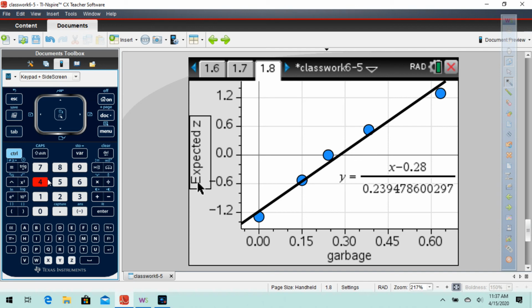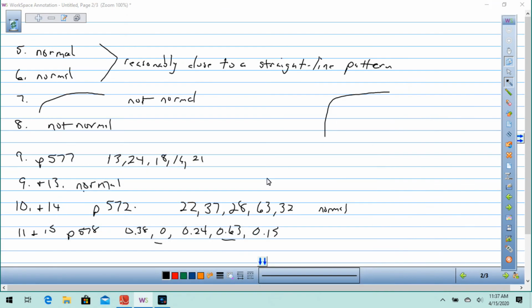Now, what are we thinking about this? Number 11 and 15. What do we think? Are we seeing a pattern? I'm kind of seeing a pattern here. It goes up and then down. So I'm going to say not normal.